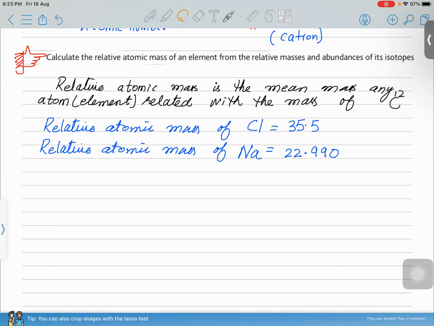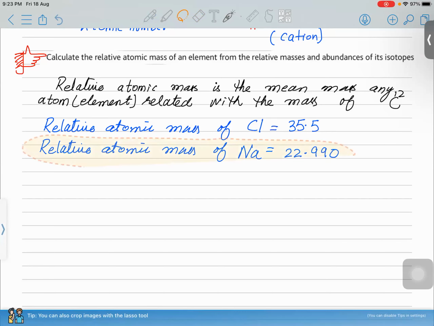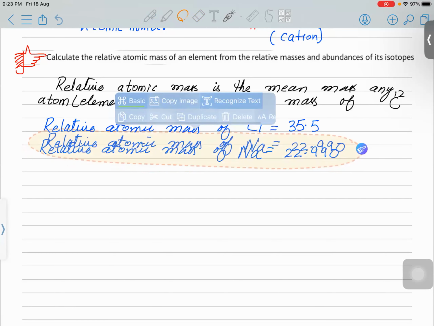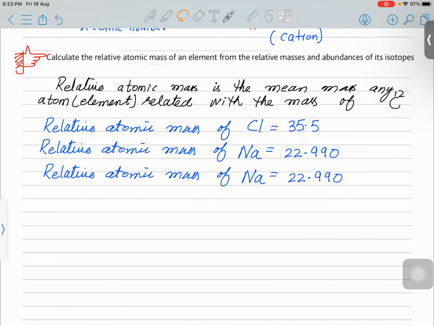Now, can you tell me the relative atomic mass of nitrogen? 14.007.